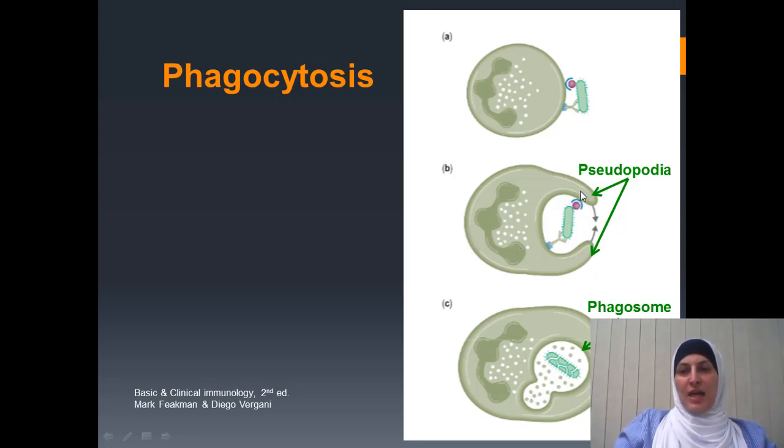The neutrophils start engulfing the pathogen by forming pseudopodia. These pseudopods surround the pathogen and form a phagosome, and this phagosome comes in contact with the lysosome that has the lysozymes and the proteases, and forms a phagolysosome, and this initiates the degradation of the pathogen.